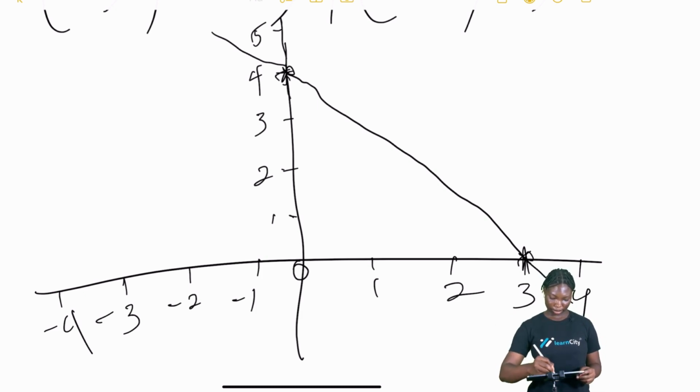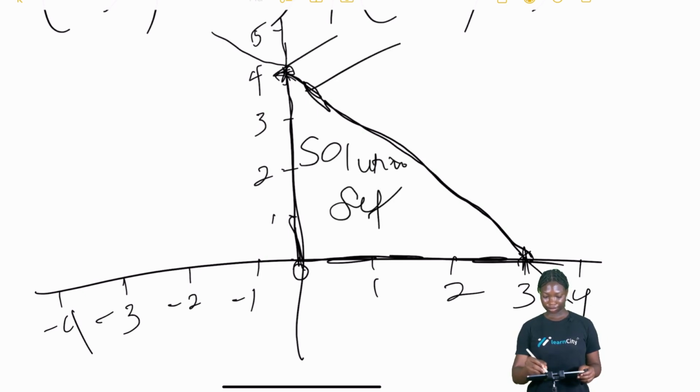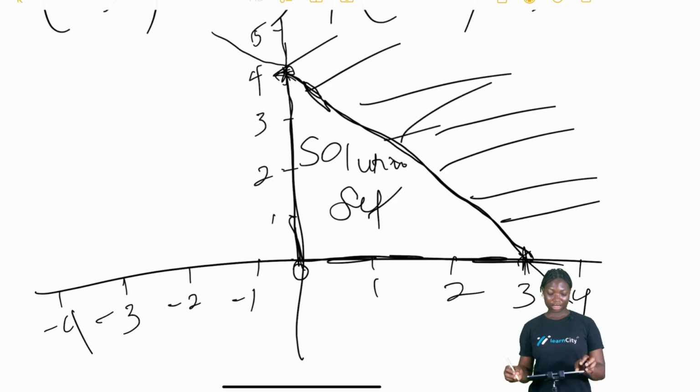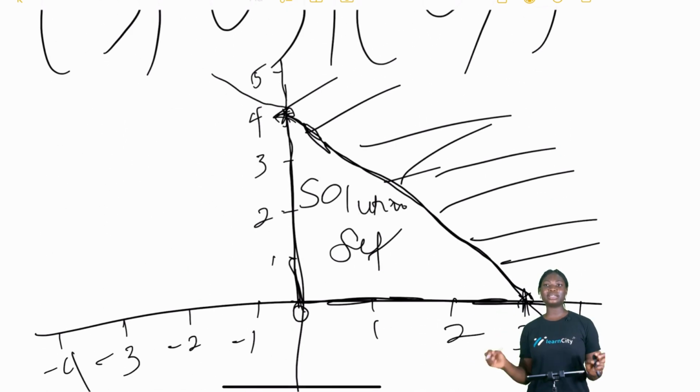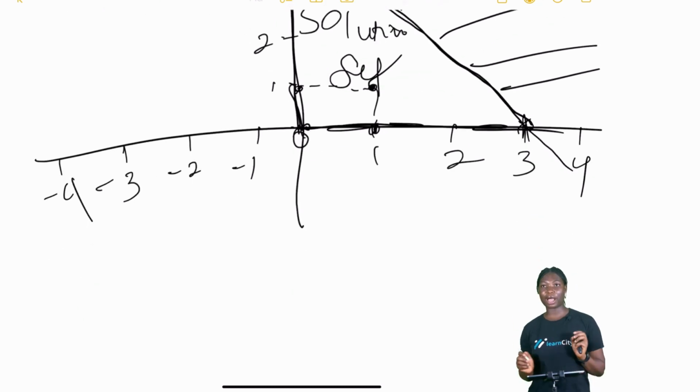Now for our point where x is 0 and y is 0, it is important that this part is where our solution set lies. Where x is 0 and y is 0, we can have it to be this part, this part, this part, this part.